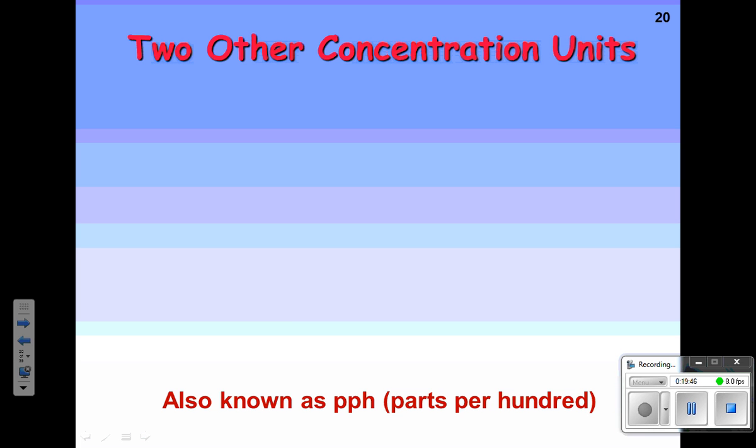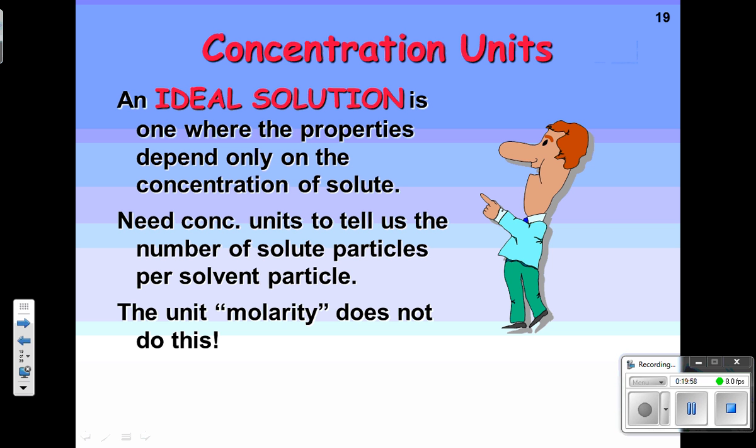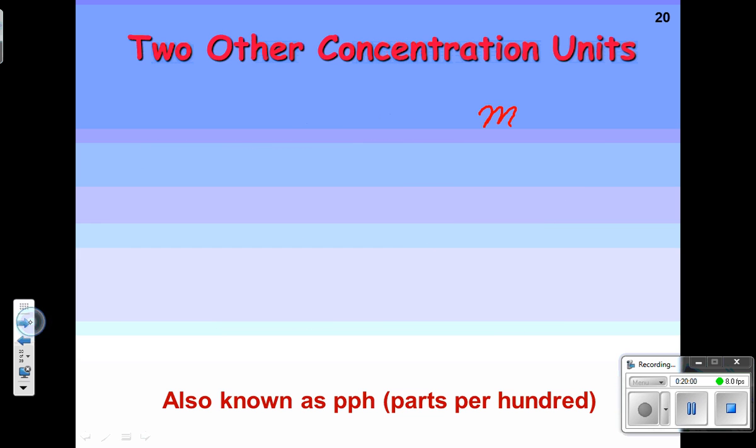So there's actually 2 others. The first one is molality, and it's an italicized M. Let's go back. Forward. It's molality.